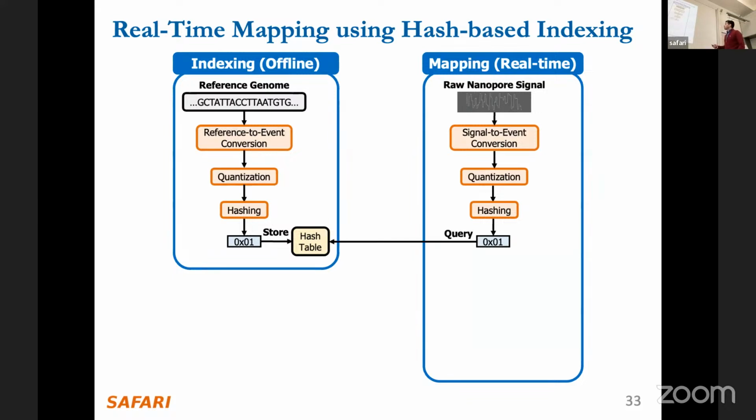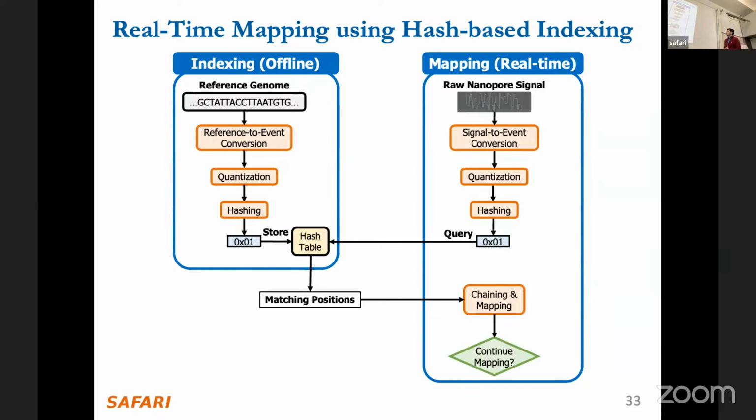Later, in real time, as the reads are being sequenced and as we generate the hash values from these raw signals, we query this hash table. If there are matching hash values between a read and the reference genome, we get these matching positions and then do some chaining, which essentially finds a collinear ordering of these matches to indicate that there could really be a similar region between a raw signal and the reference genome.